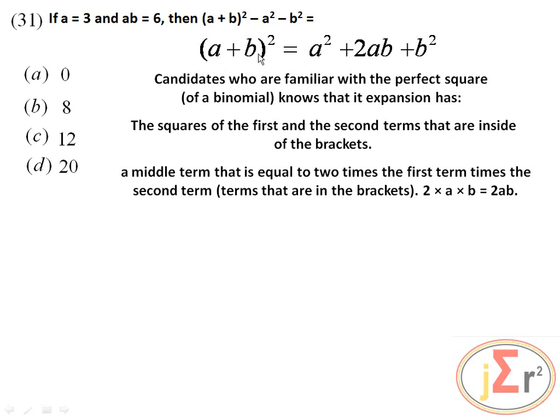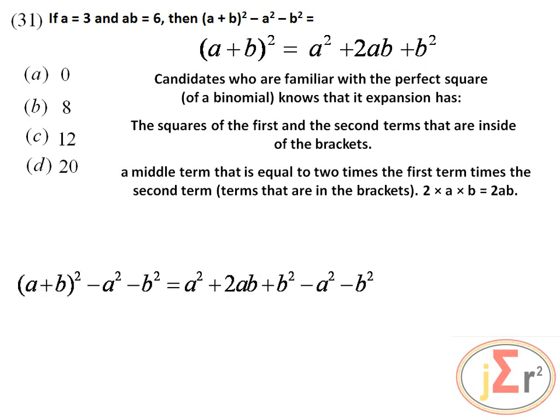We also know that there is a middle term equal to 2 times the first times the second, so it will be 2ab, and we have the two squares right there.